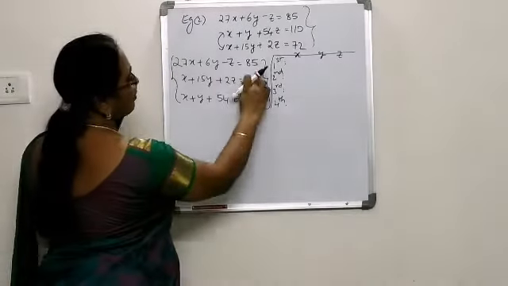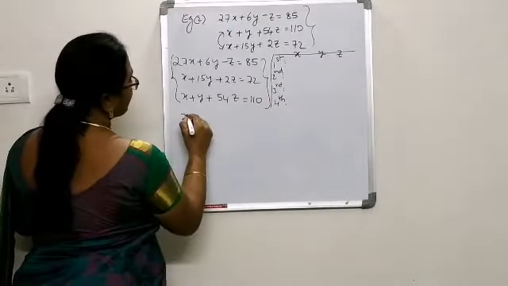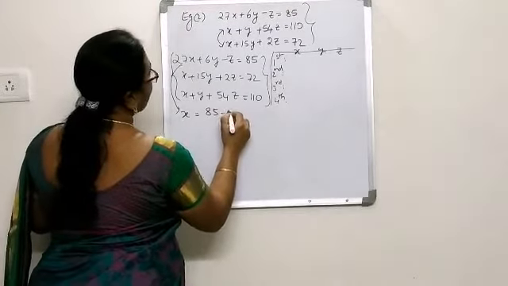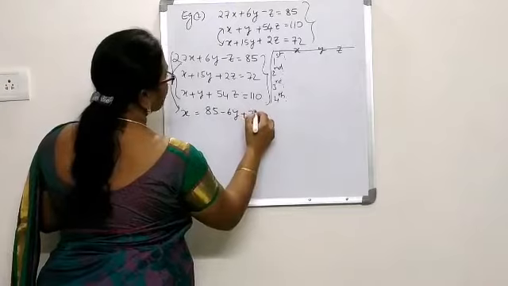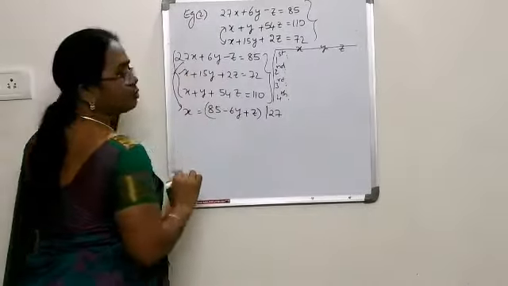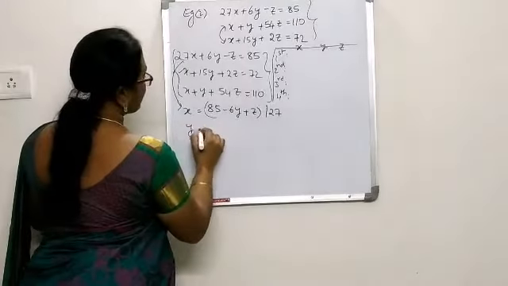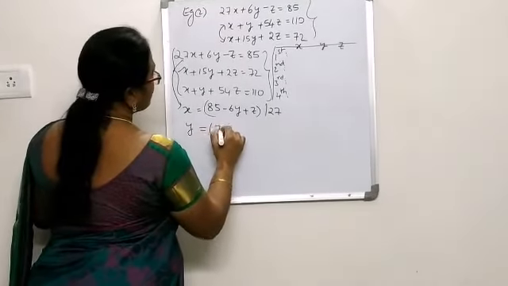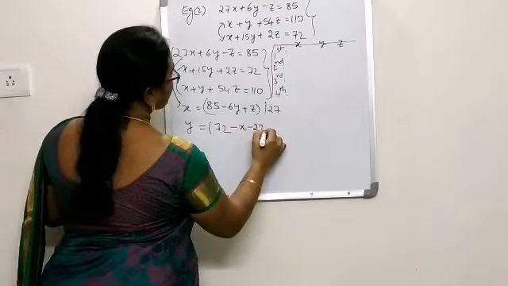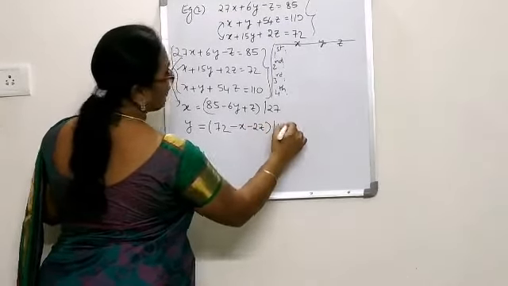From the first equation of the dominant system, we can write the variable x equal to 85 minus 6y plus z upon 27. From the second equation of the dominant system, we can write the second variable y equal to 72 minus x minus 2z upon 15.